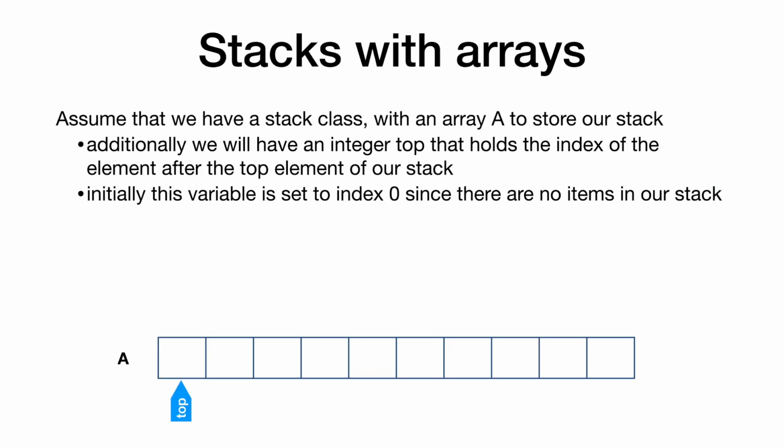So to implement a stack on an array, you assume that you have a stack class with some array A in it, right? And in addition, we have an integer here, we're going to call it top, that holds the index of the element after the top of our stack.